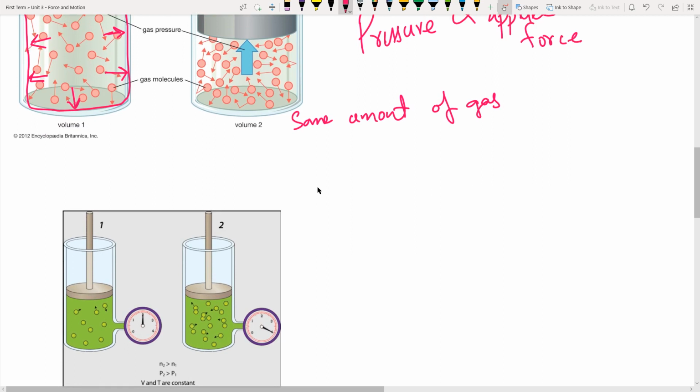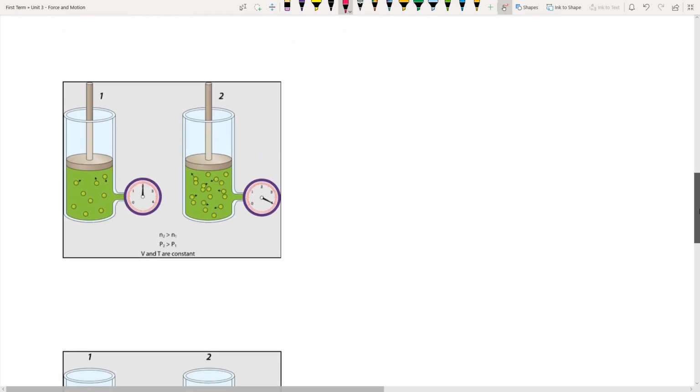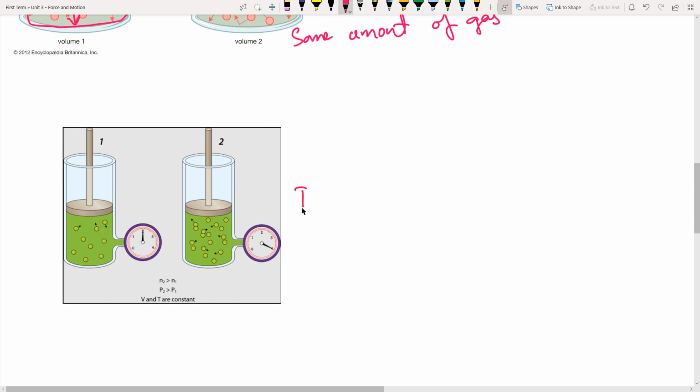In the second case, the piston is fixed in both cases, so it cannot move up or down, unlike the first case in which the loading system was pressed down. Here the volume is fixed. Before, we reduced the volume from high to low for the same amount of gas.